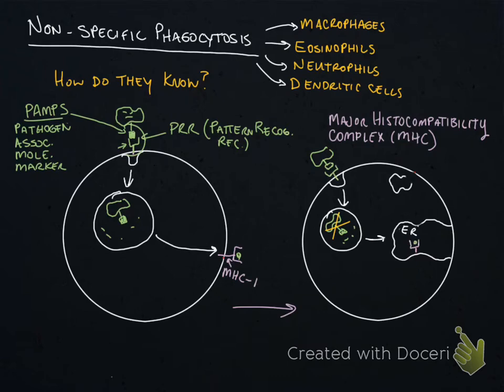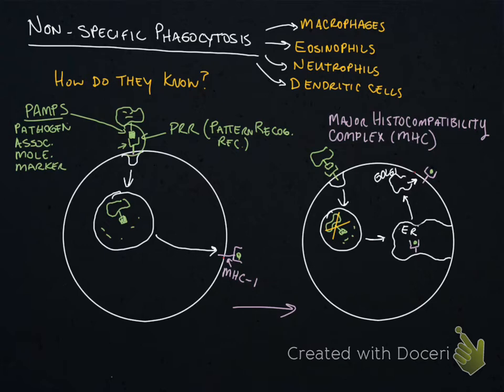Puts it on one of these MHC1 platforms. Sends it over to the Golgi apparatus, which then packages this whole thing right here, this MHC1 and antigen complex, and then exocytoses it to the cell membrane of this phagocyte, and posts the whole thing on the surface. It says, hey, look what I found.